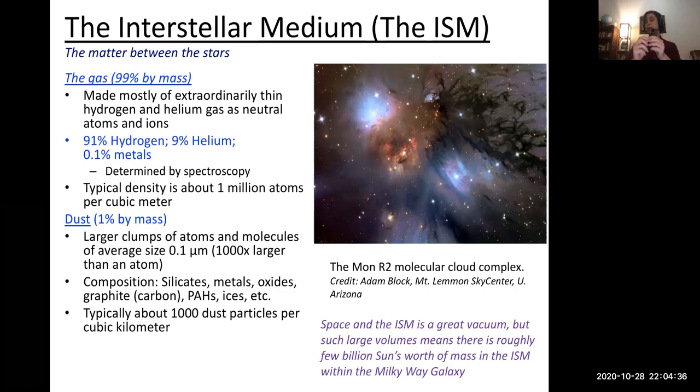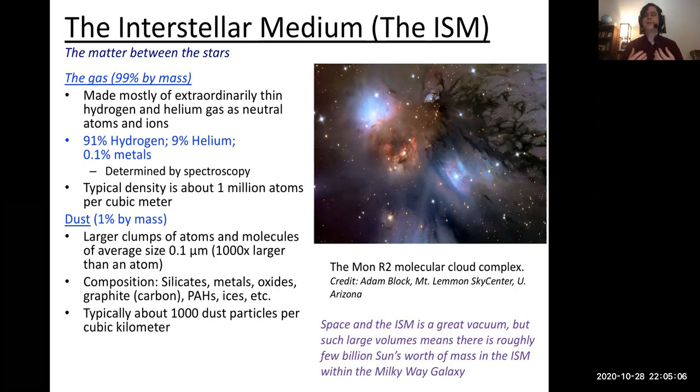The radius of this sphere is the distance to Proxima Centauri, 4.24 light years, about 4 times 10 to the 13th kilometers. That volume of space in which we just have the sun, using the typical ISM dust densities, gives us enough dust where if we could put it all together, it would have the same mass as Jupiter.